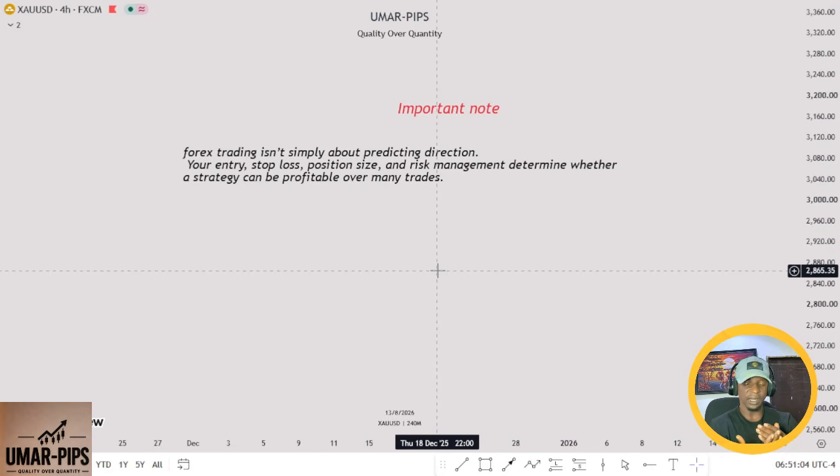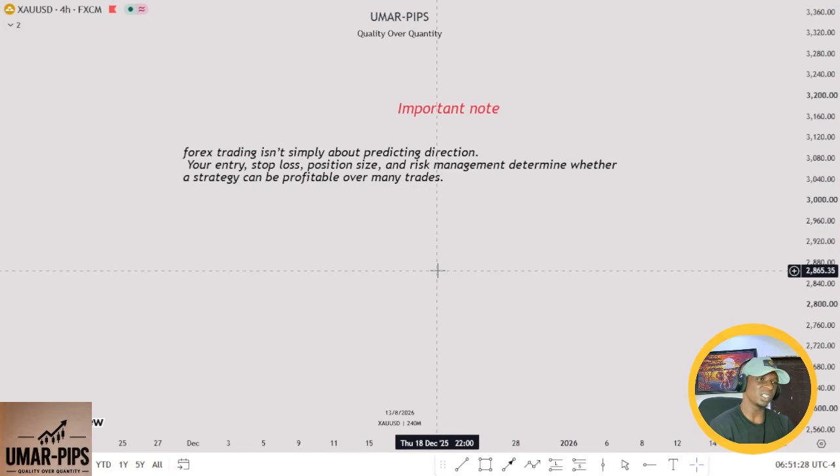Knowing how to analyze your chart will only give you a 20% chance of becoming a profitable trader. A 20%. The remaining 80 are from where? Position sizing, risk management, discipline, planning your trade.